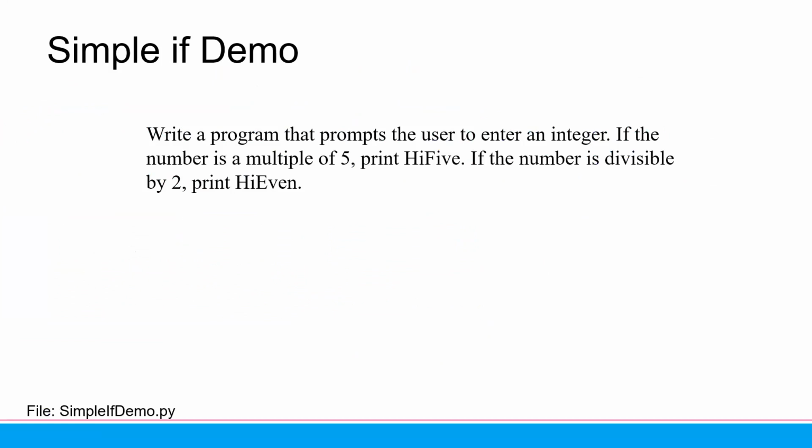Now, write a program that prompts the user to enter an integer. If the number is a multiple of 5, print high 5. If the number is divisible by 2, print high even.